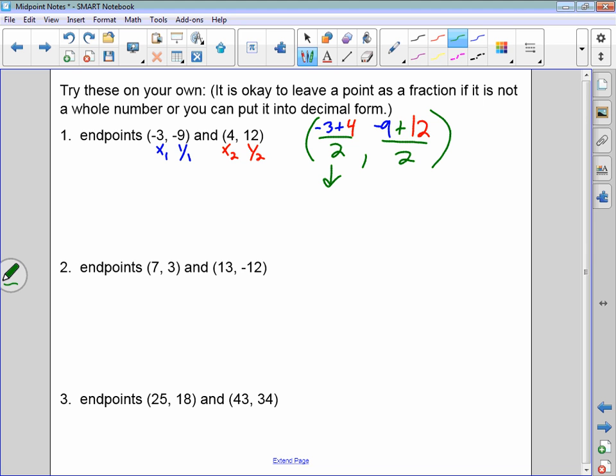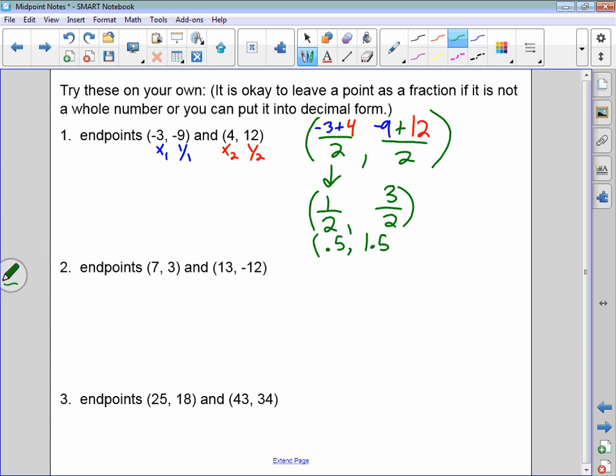Negative 3 plus 4 gives me 1. So I get 1 divided by 2. And I cannot bring that any smaller, so that is going to stay either 0.5 or 1 over 2. Now I'm going to work through this next one. I get negative 9 plus 12. I'm going to get 3 over 2. 3 over 2 is 1.5.